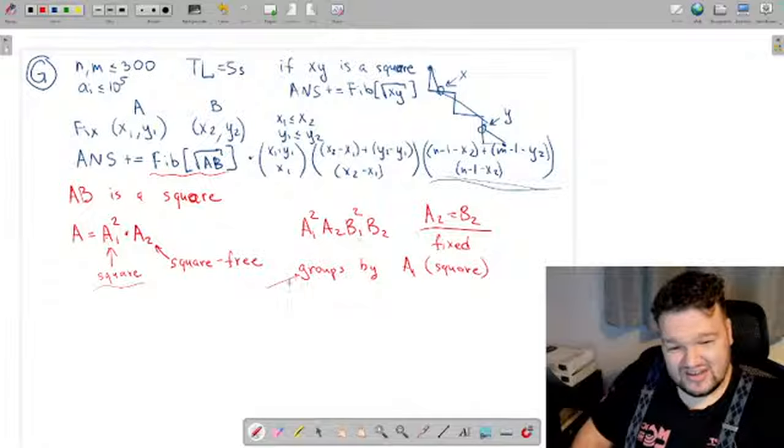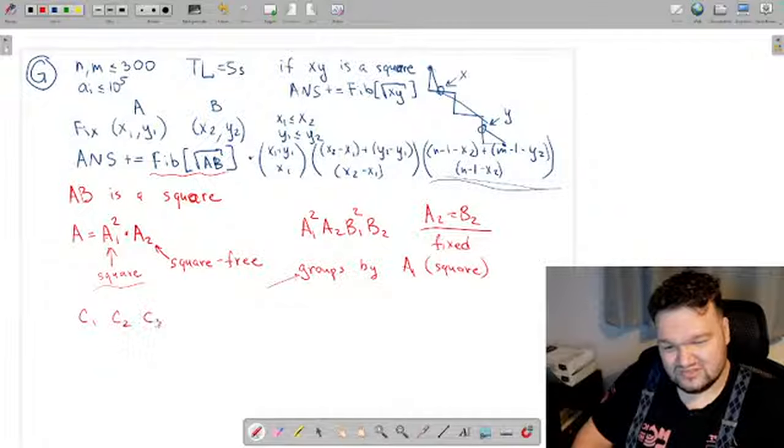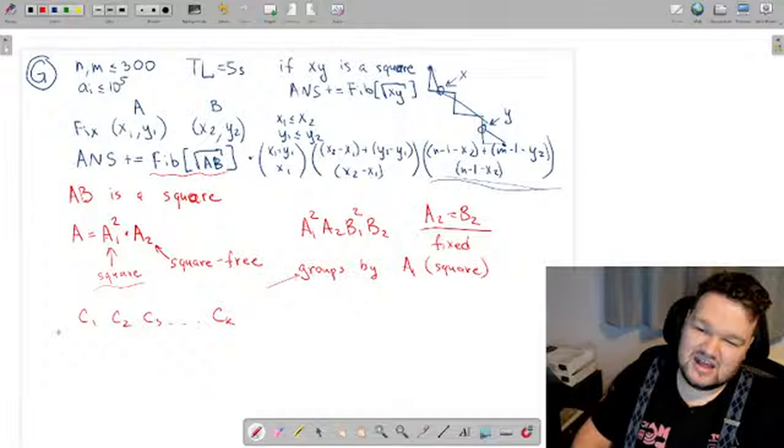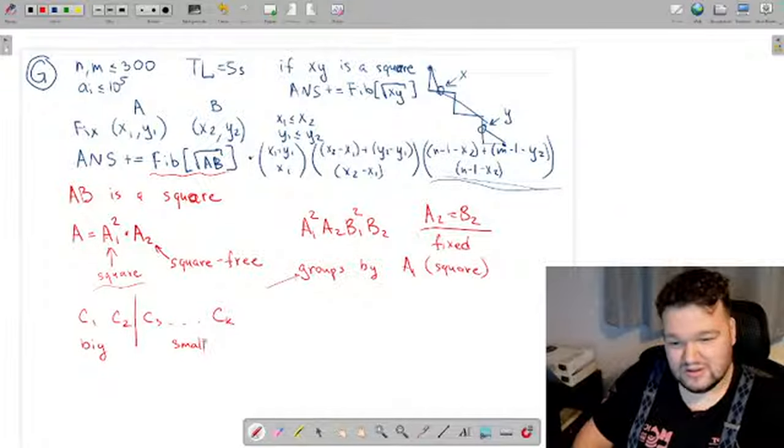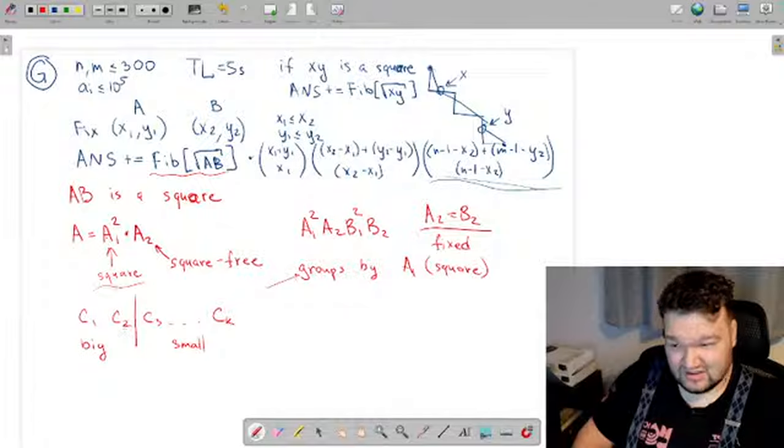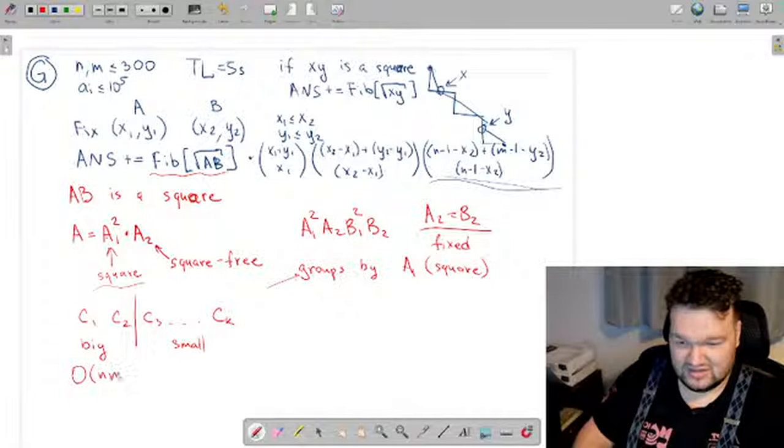So if we have groups like this, we can choose some of them, like the big ones. So those are big, those are small. For big ones, we will calculate DP in NM.